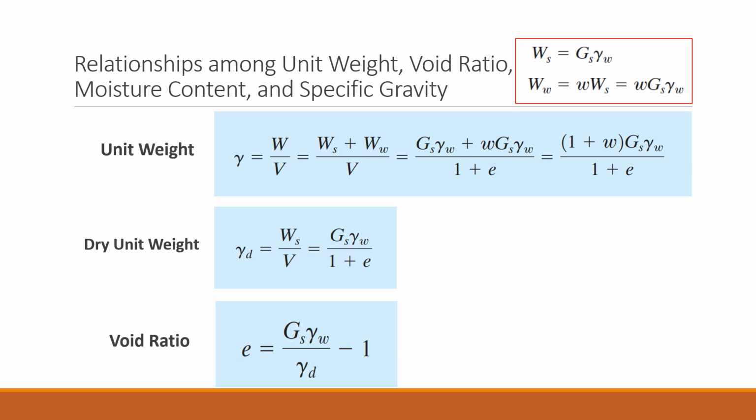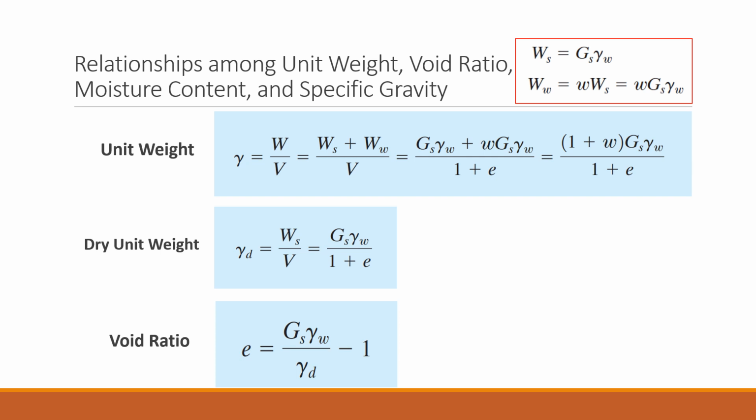So, same lang gyapon, the formula for a unit weight is equal to the total weight over the total volume. However, we know that the total weight is equal to the weight of solids plus the weight of water.